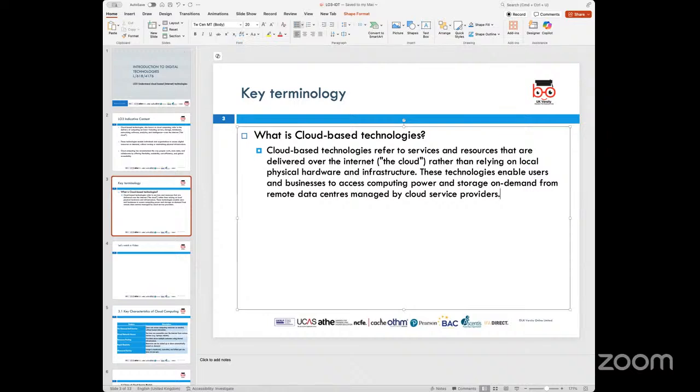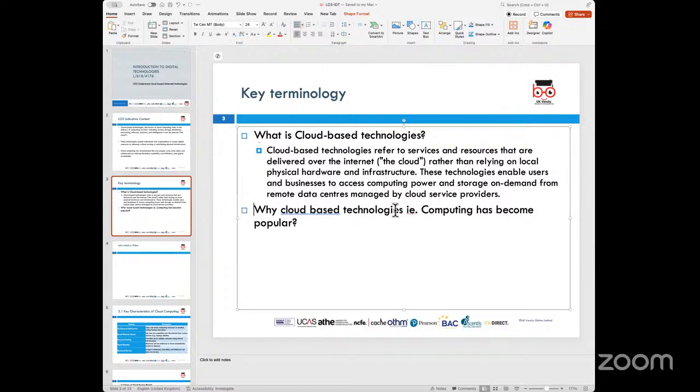Now, one of the other things that you would also need to look at is why cloud computing has become popular. We also need to understand that this has become popular because of one of the terms called on-demand service.